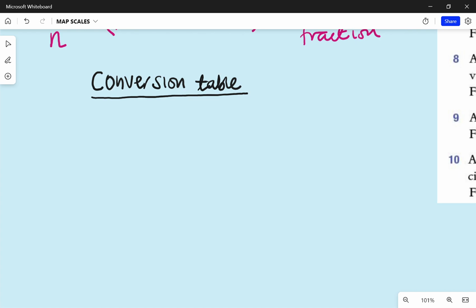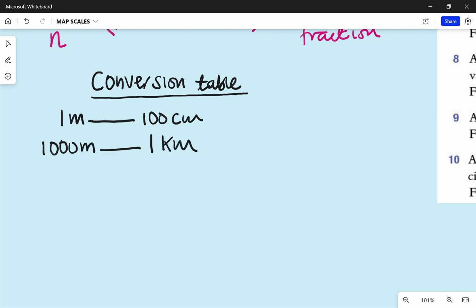So here we need to understand that 1 meter is equivalent to 100 centimeters. Then we also have to understand that 1000 meters is equivalent to 1 kilometer. What is also very, very important is this conversion here: 100,000 centimeters is equivalent to 1 kilometer.